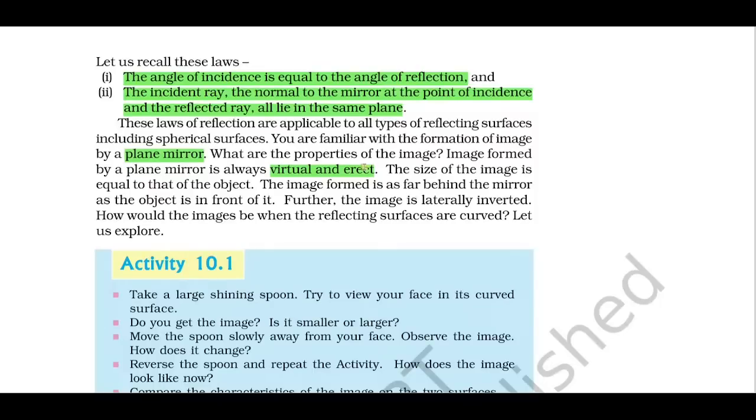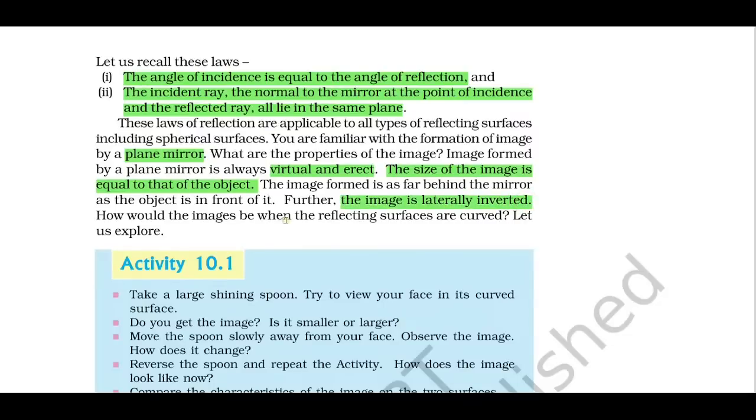The size of the image is always equal to the size of the object in case of a plane mirror. The image formed is as far behind the mirror as the object is in front of it. The image is laterally inverted.